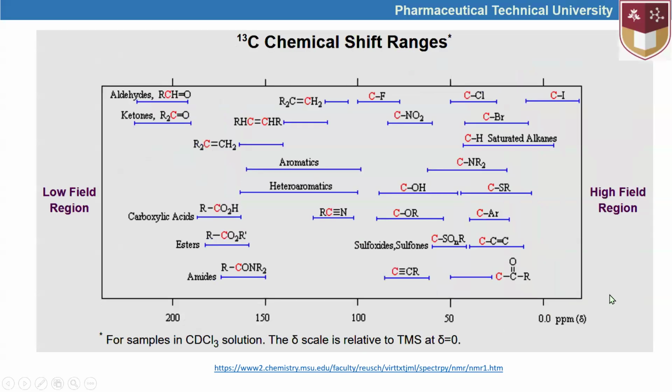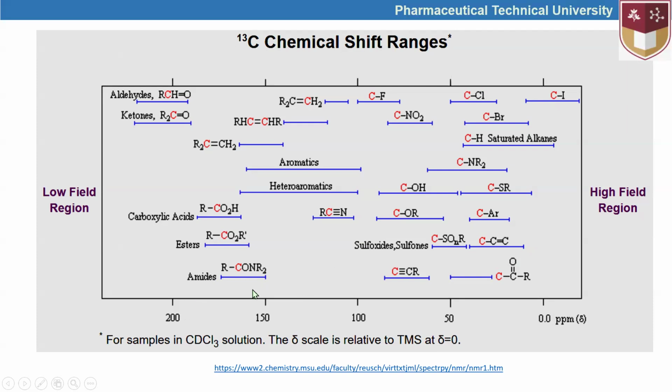And in carbon 13 NMR results, we can see this kind of field for samples dissolved in deuterated chloroform. The delta scale is relative to tetramethylsilane. So different functional groups might have different ranges, for example, 100 to 160 that belongs to aromatic compounds.